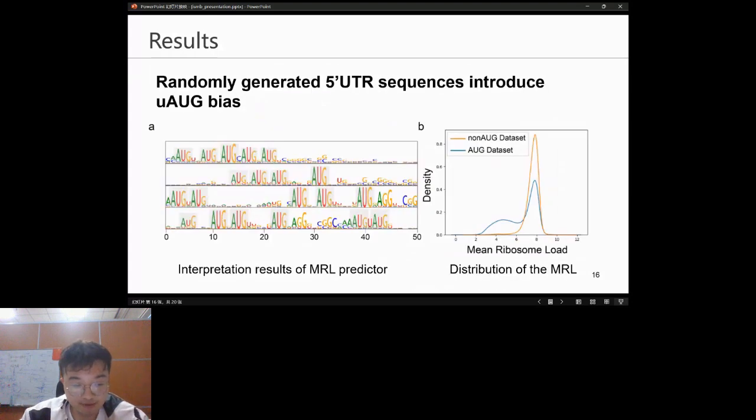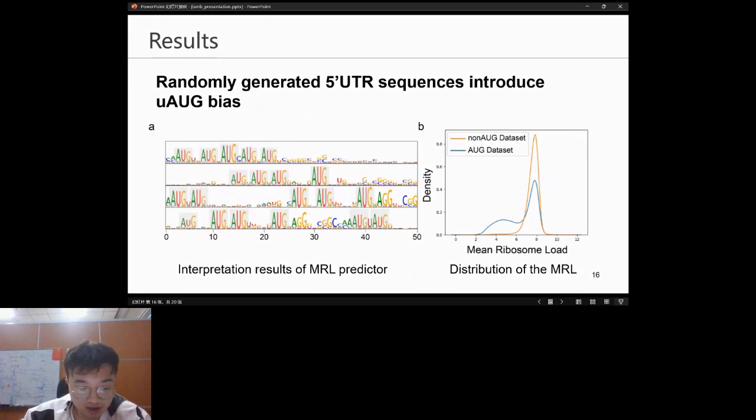As can be seen from the left figure, which is the interpretation result of the MRL predictor, we found that the UAUG is a shortcut for the model to make predictions, since the interpretation method results primarily display repeated UAUG as the most common motifs.